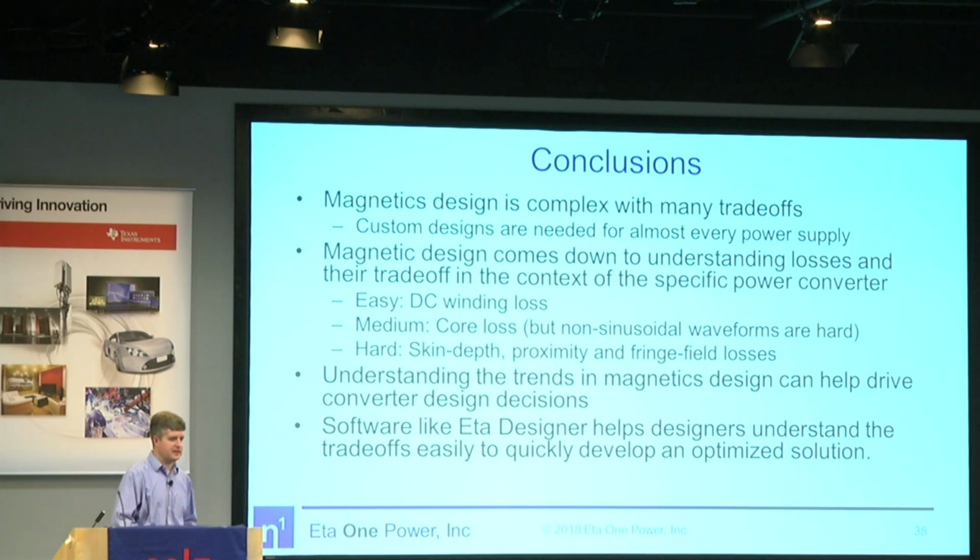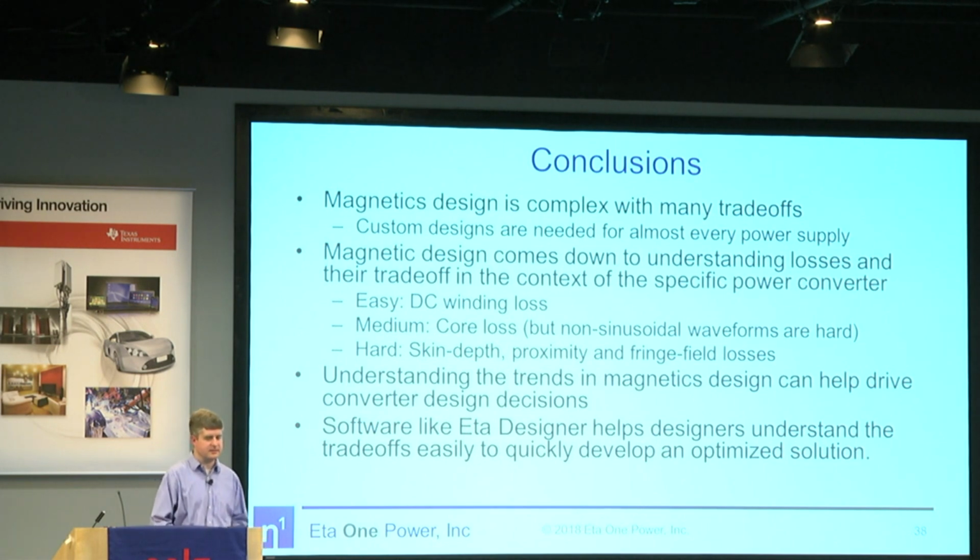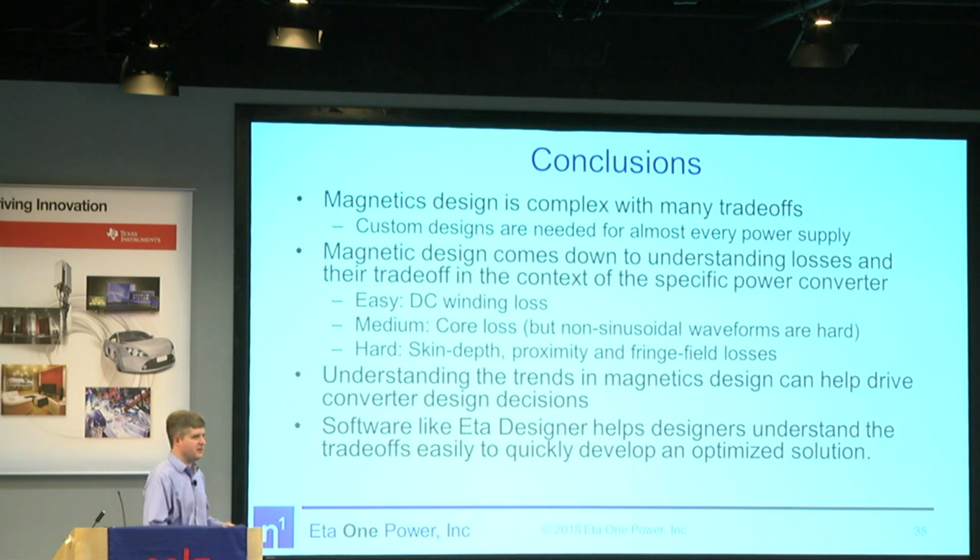Now, magnetics design comes down to understanding the losses and the trade-offs in the context of that specific power converter. So we've seen the Flyback and LLC have different constraints and different dominant losses. The things that are easy to calculate are DC losses.